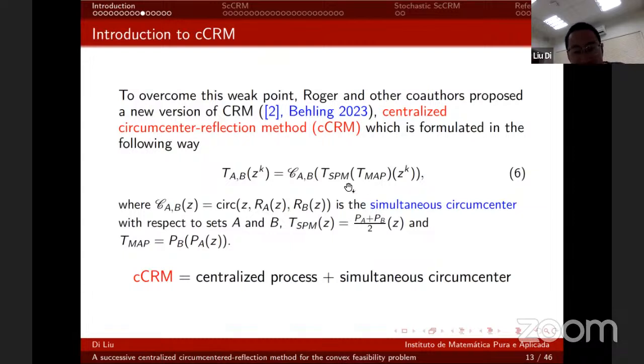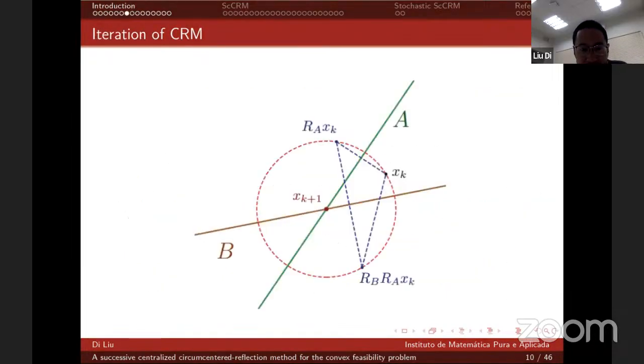After we get this centralized point, we do the circumcenter. But we need to pay a little attention here. This circumcenter is a little different from the previous one. The previous one we call the sequential circumcenter. Here we call it the simultaneous circumcenter. The simultaneous circumcenter means we do the reflections at the same time, not sequentially as in the CRM or in Douglas-Rachford, where we do the reflection R_A x first, then R_B R_A x.